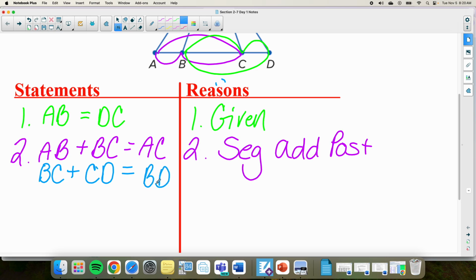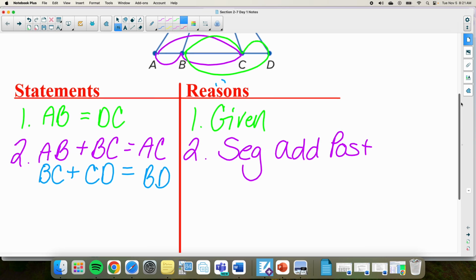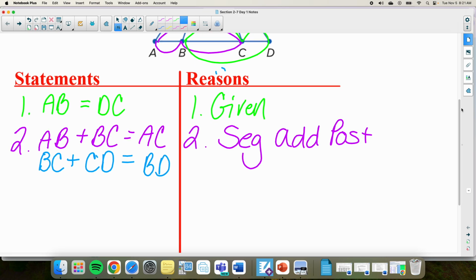Okay? Now, in this one, if you guys are looking at what it is that you're trying to prove is equal, we eventually want that this is equal to, well, I wrote this as CD. I probably should have written it as DC, so I'm going to switch this just so it's the same. Okay? So I should write this as DC. So what I eventually want to get, oh, no, I'm lying.